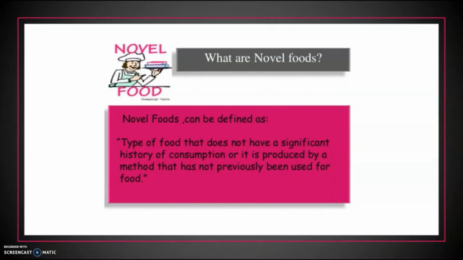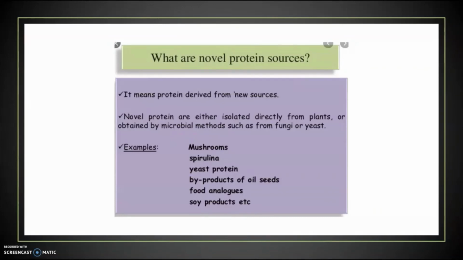Now moving to the next part. What are novel foods? We can define novel food as a type of food that does not have a significant history of consumption, or it is produced by a method that has not previously been used for food. Novel protein means protein derived from new sources.